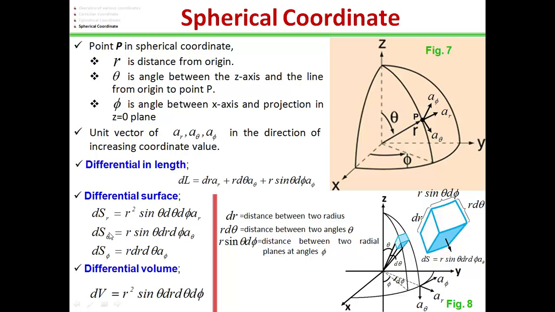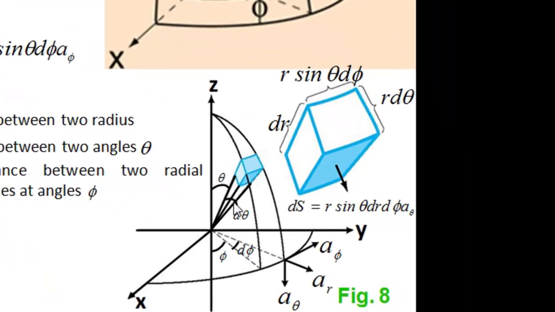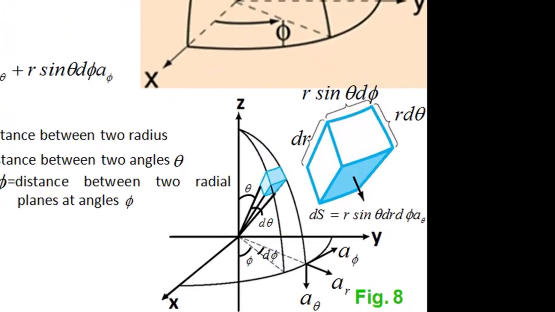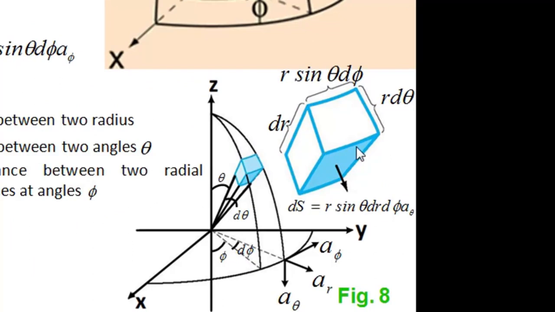a r. And the calculation of differential surface along the theta direction will be what? For the theta direction, this is the side for the calculation of ds theta. For this, we know this is the differential length along the r direction and this is the differential length along the phi direction. So this is given as dr and this side is given as r sin theta d phi. So ds theta can be written as r sin theta dr d phi. And similarly for the phi direction, this is the change in phi direction.